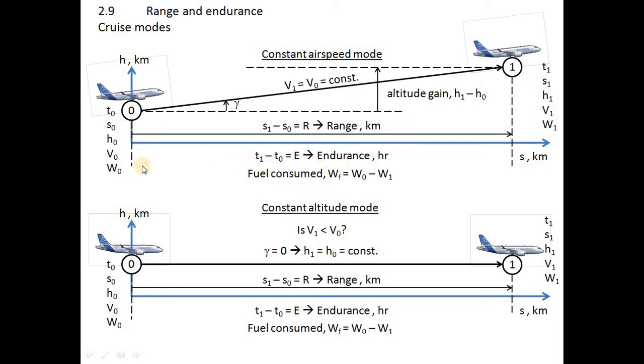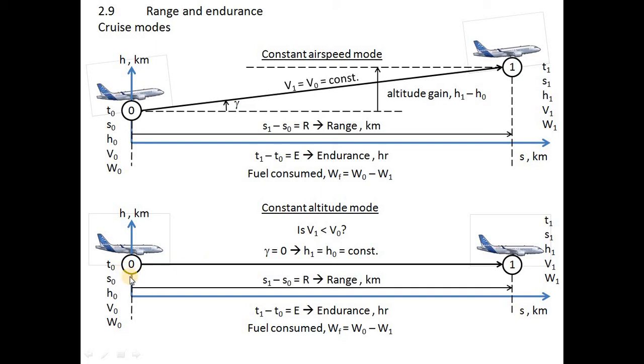So what happens is that the weight is decreased, but your airspeed remains constant, thus you need to climb up. That is number one. Number two is for constant altitude mode. Initial time is t naught, but later on it will be t1. The altitude h naught and the altitude after cruising remain the same. The altitude is constant.